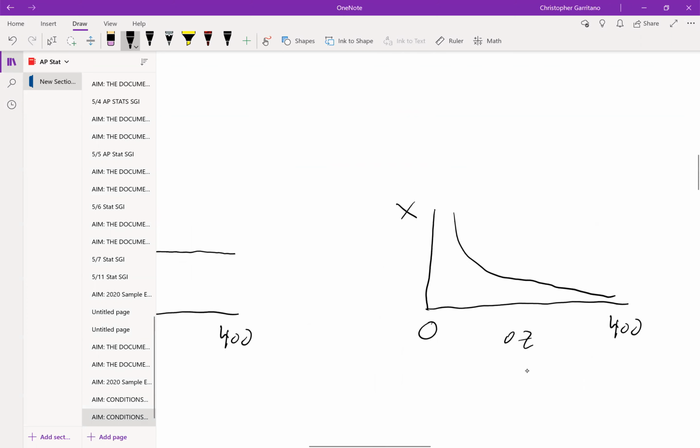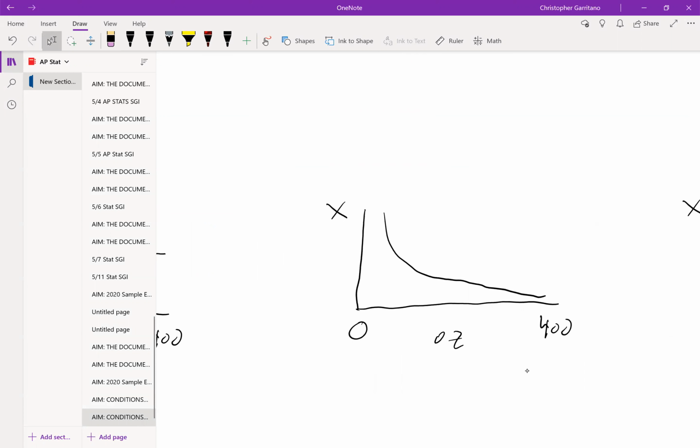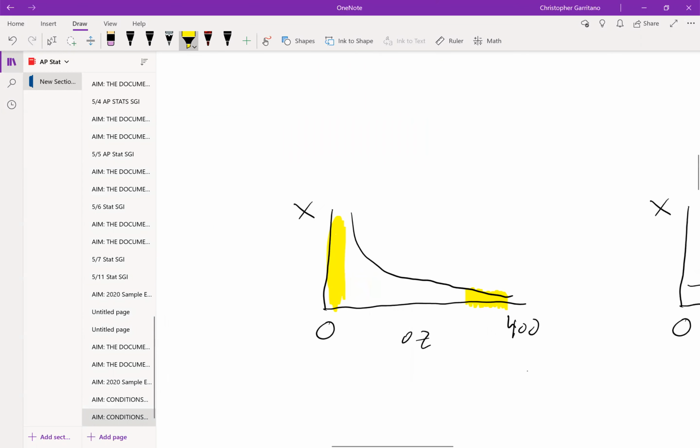Or maybe the distribution of number of ounces eaten looks kind of like this. There are a lot of people that eat very few ounces of Couch Potato Brand snack food, and there are a few people that eat a lot in ounces.